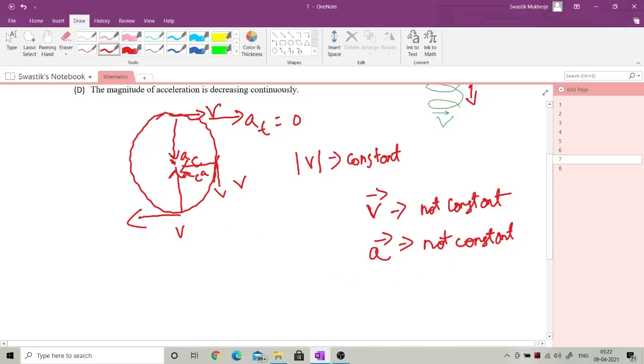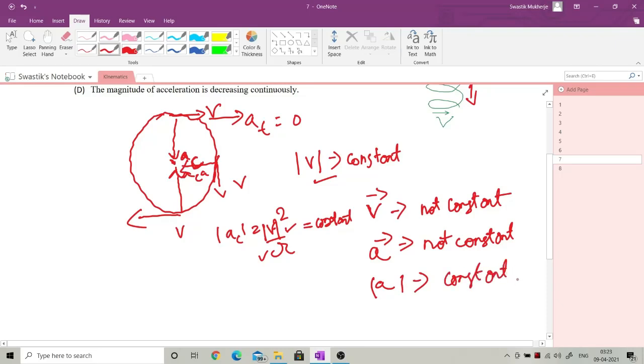However, the centripetal acceleration magnitude is given by v squared by r. Since this is a circle, r is constant and mod v is also constant, which means mod a is constant. So this is a standard case for uniform circular motion.